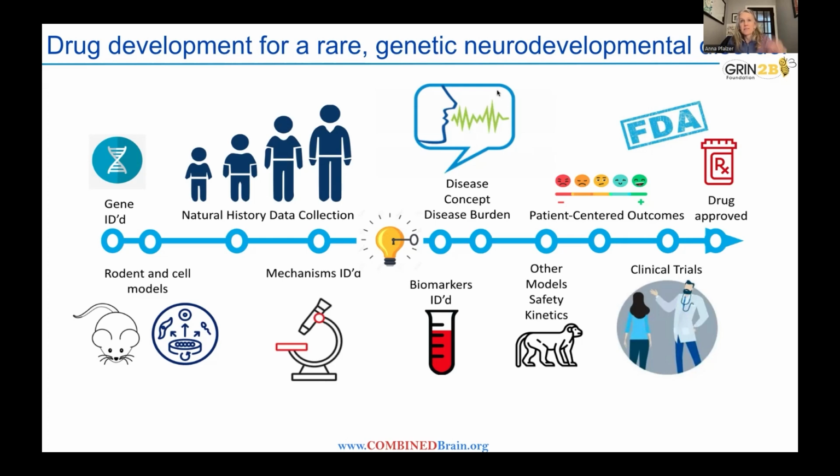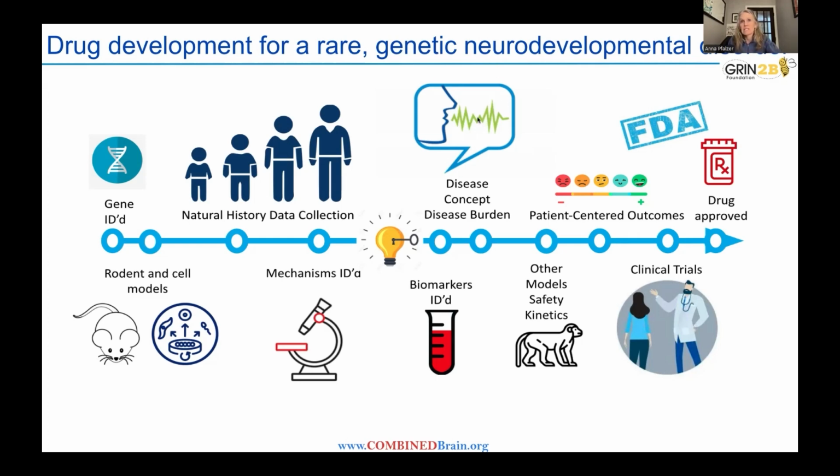Moving further down on the right, you can see the disease concept model or disease burden. These are objective ways to measure the symptoms, the variety of symptoms that are present in GRIN2B related disorder patients. So what are the different parts about GRIN2B that impact patients and families?